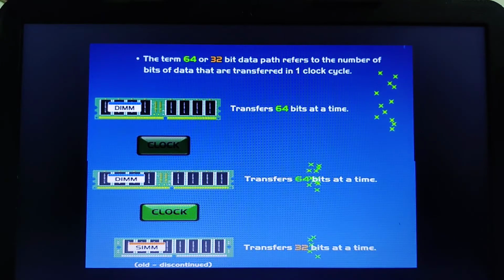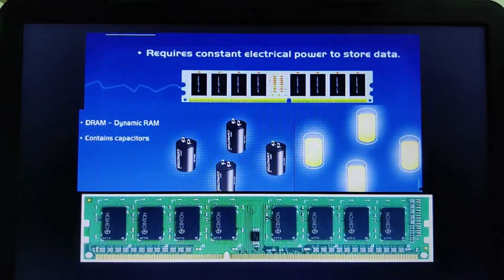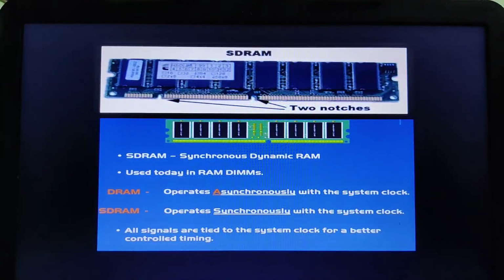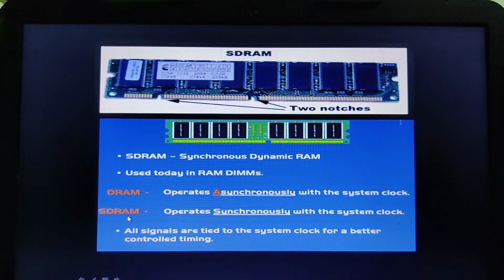Because of this, it allows much higher data access rates than the asynchronous dynamic random access memory. Asynchronous, in the sense of the DRAM which we have studied, is not at all associated with the clock signal. So I say it is an asynchronous dynamic random access memory. Your SDRAM is associated with the system clock. That is why I call it synchronous dynamic random access memory.